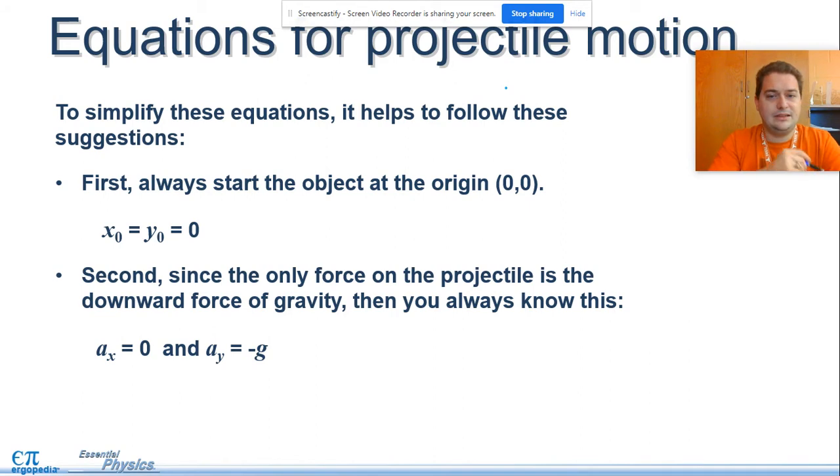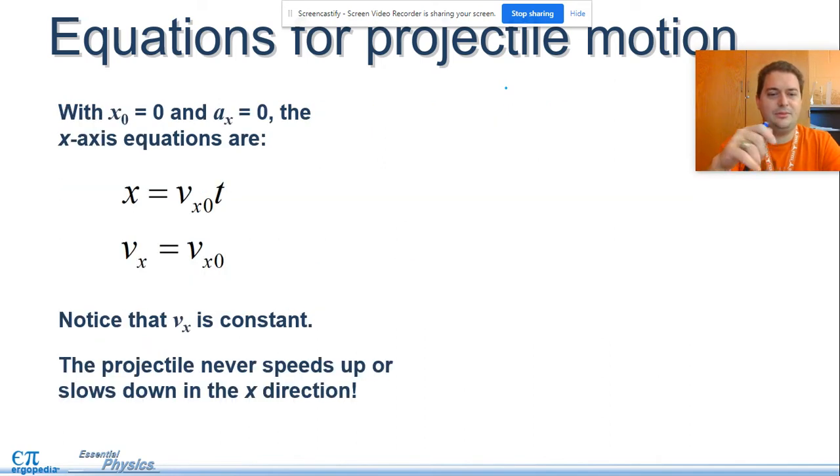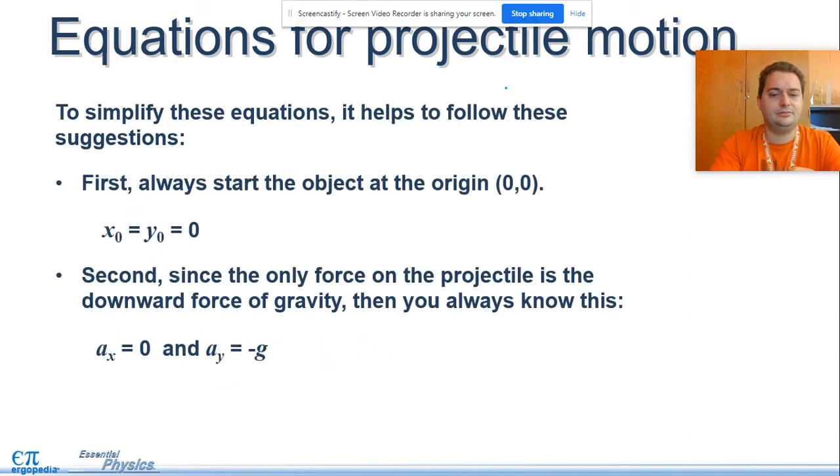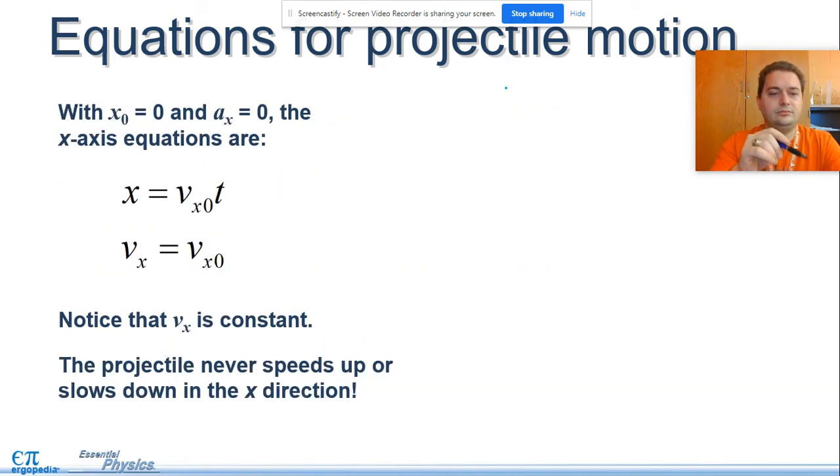So simplifying the equations, we're going to skip past a lot of this because it's more complicated than it needs to be. But because acceleration is constant, and not constant in that it's zero, there is no acceleration, it stays the same.